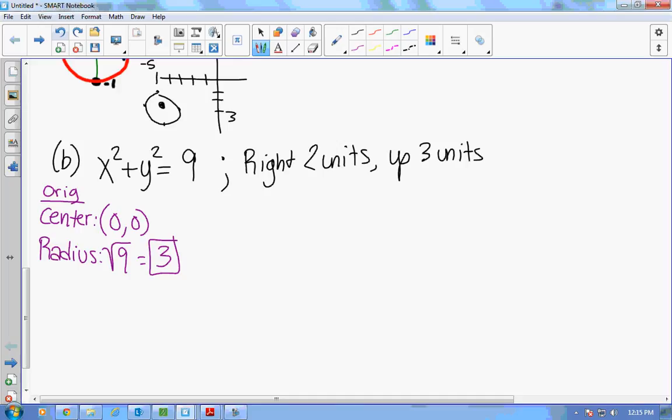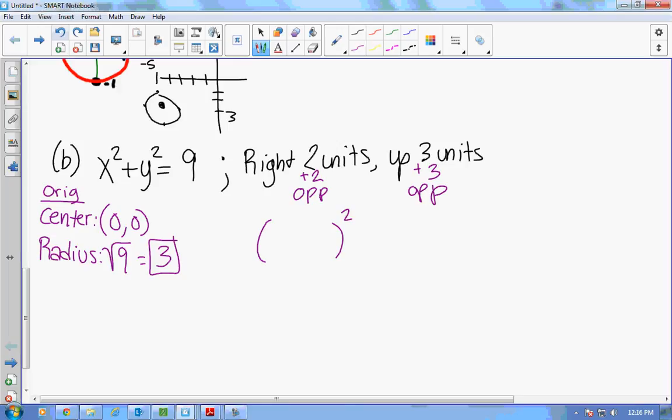Okay, if this says right 2 units, you're at the origin and you go right 2 units, what number are you on? x equals 2. So that's a positive 2. If we are at the origin and we go up 3 units, what number are we on? Positive 3. y equals positive 3. So when we write our equation, we think those, but we say opposite.